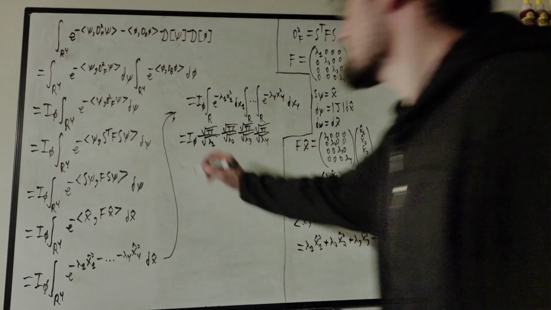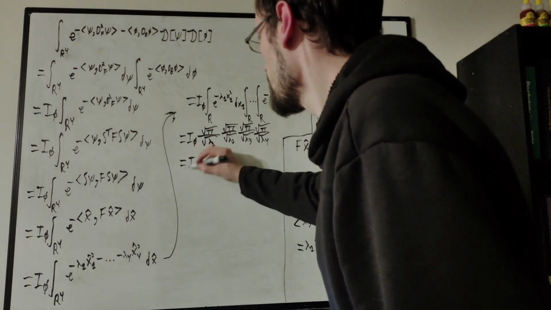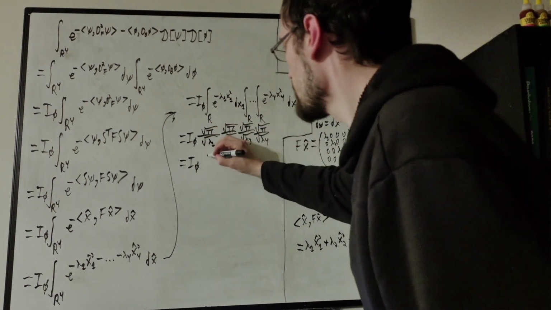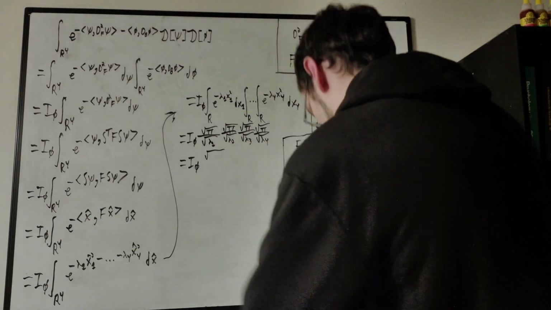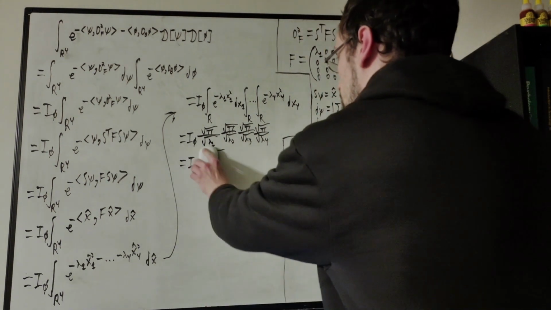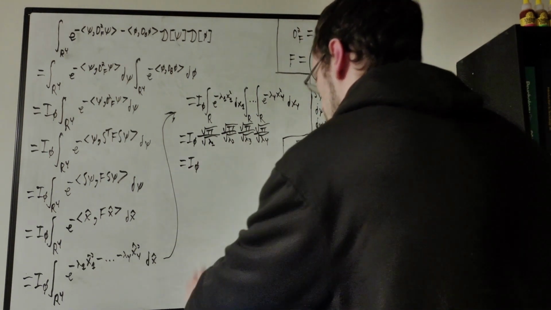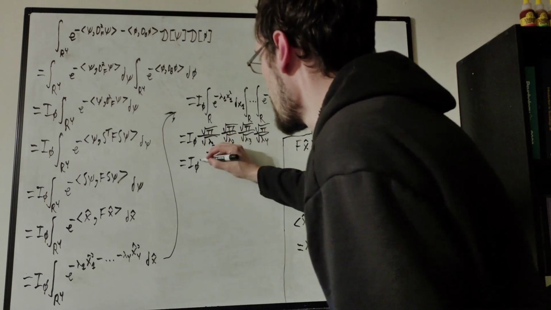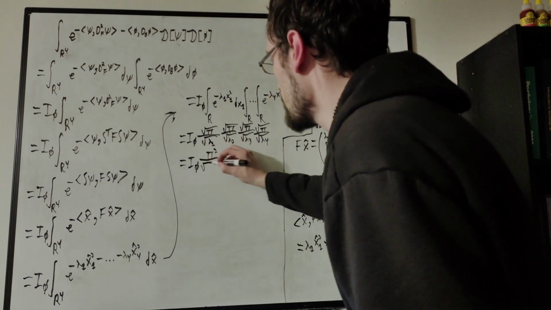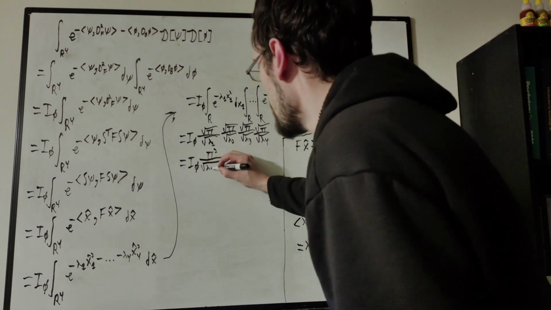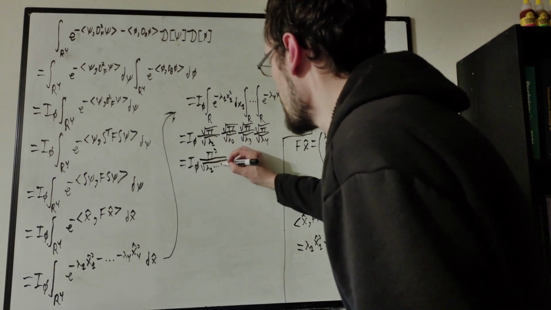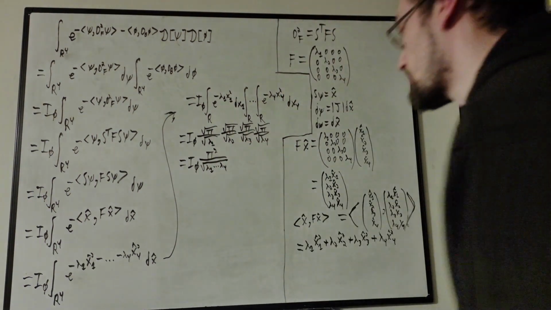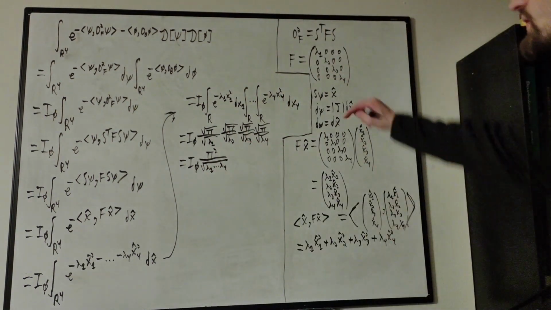So that's pretty interesting. This all combines into I sub phi. Multiply all of these square roots of pi in the numerator to get, well, we lose the square roots altogether. And we just end up with pi squared over the square root of the products of these eigenvalues down the diagonal of this matrix.